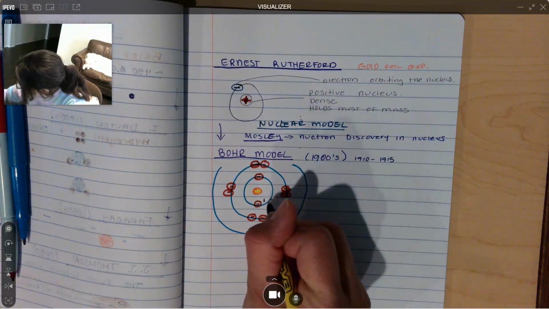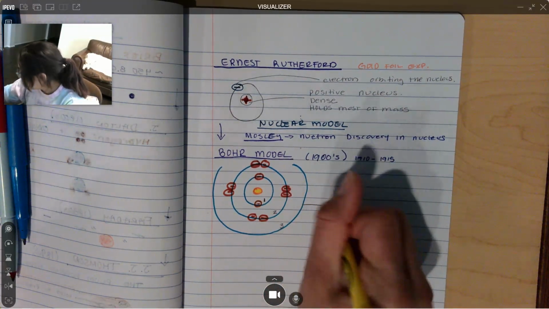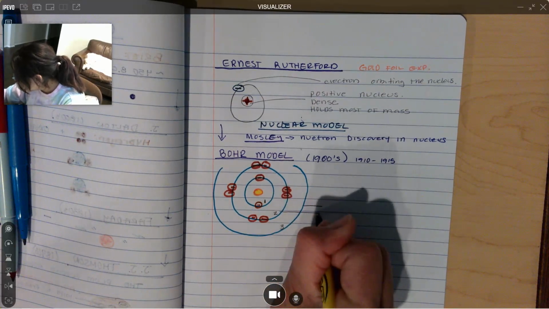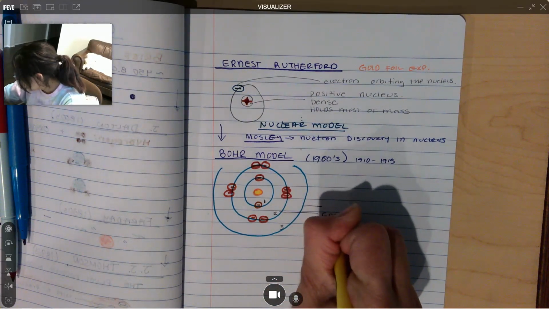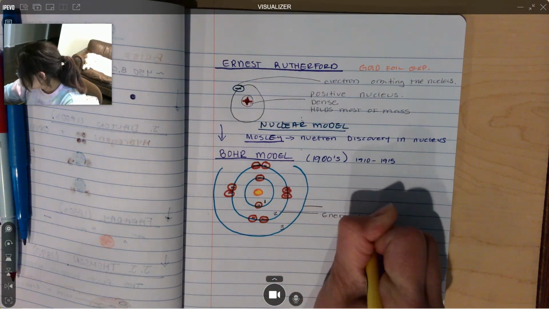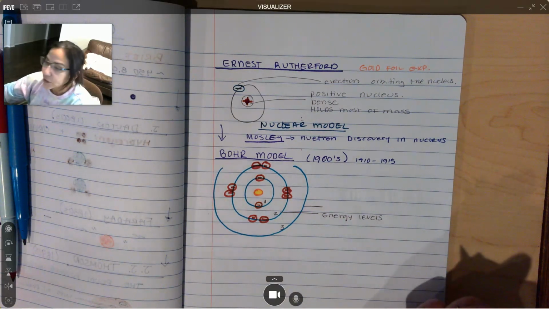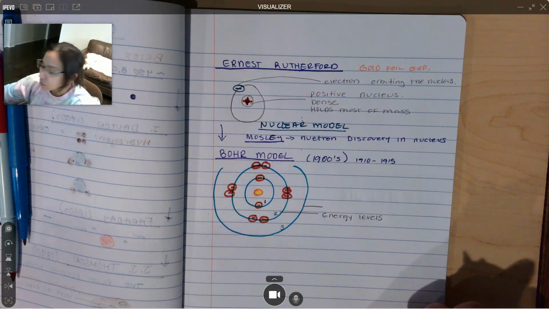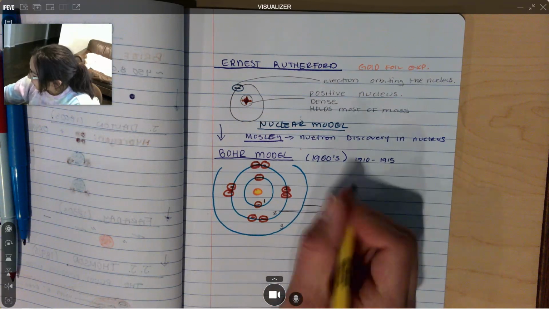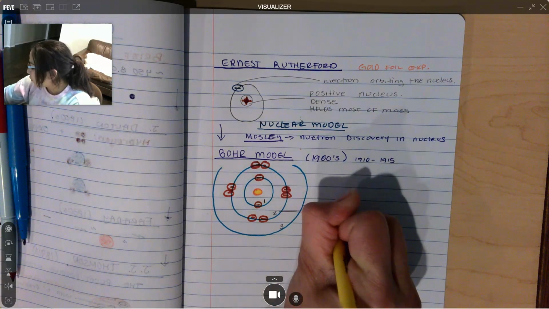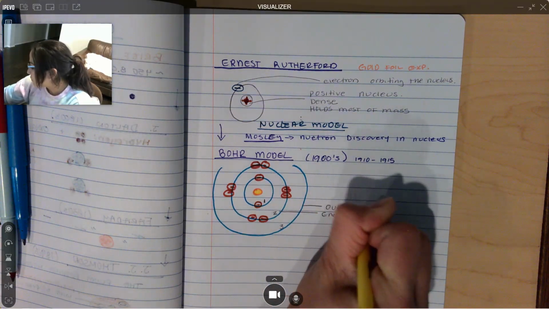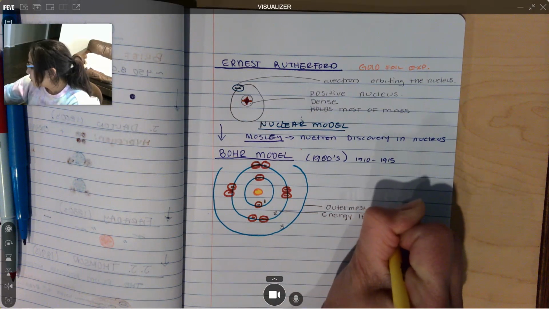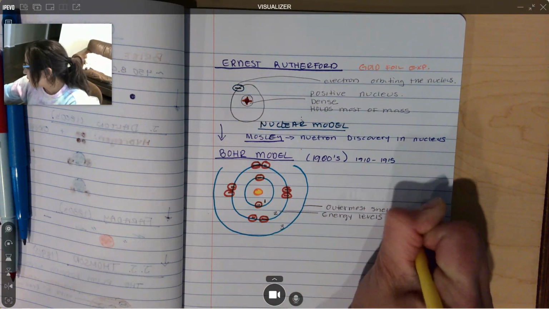Okay. And so these are going to be called energy levels. The higher you go, the more energy something holds. In this case, this one right here, we said that this is called the outermost shell, which is the valence shell.